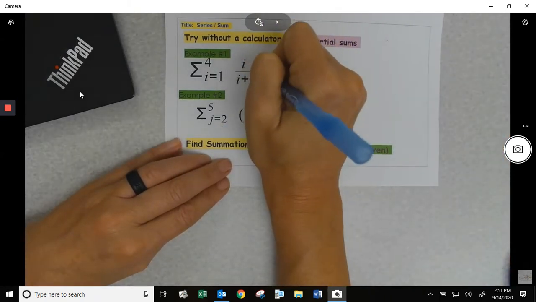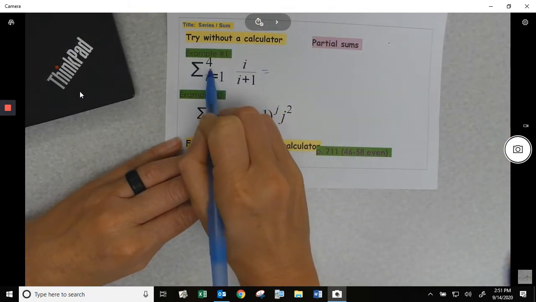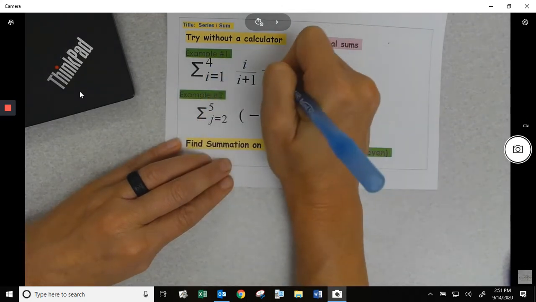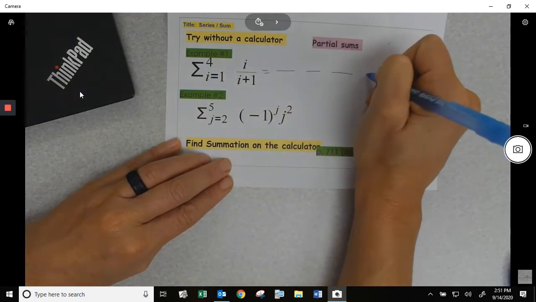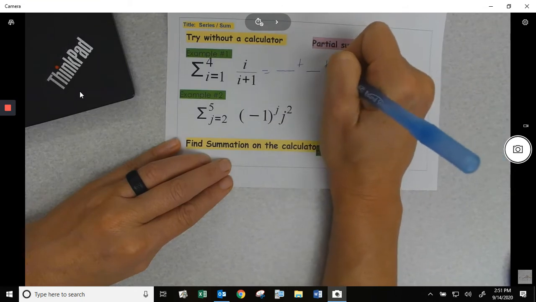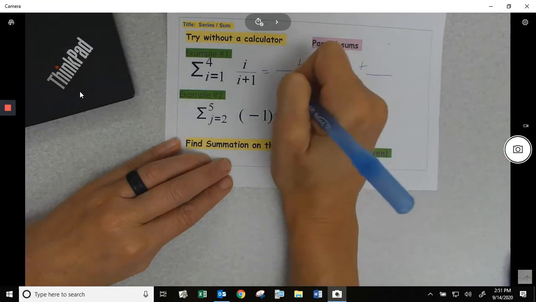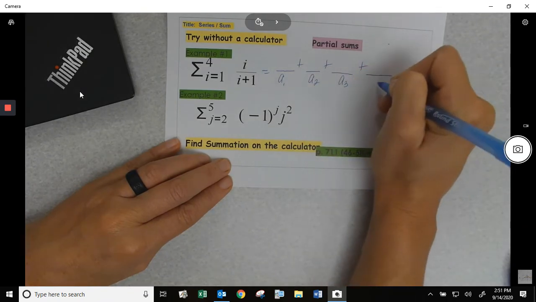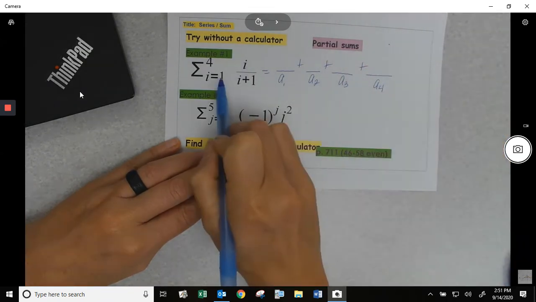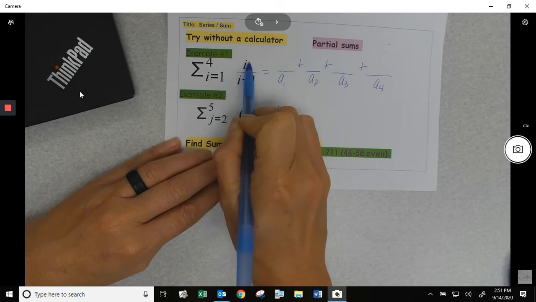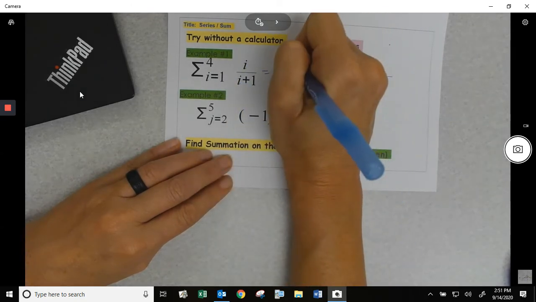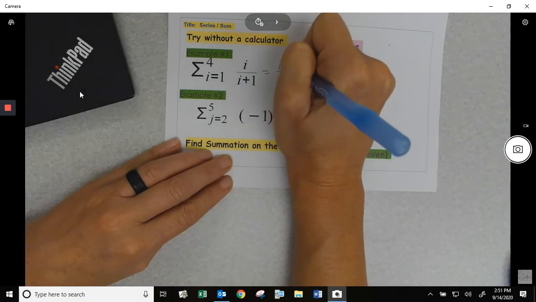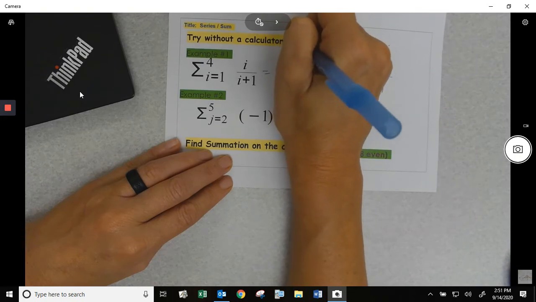Okay, so this one, again, I need to find the first through the fourth term. So I'm going to draw my lines here, and I'm going to add them up. I'm finding the first, the second, the third, and the fourth term. If I plug in a 1 for the i's, I would have 1 over 1 plus 1, or 1/2 is my first term.